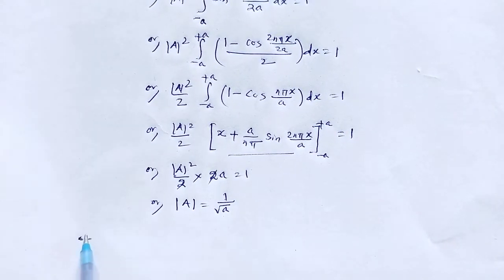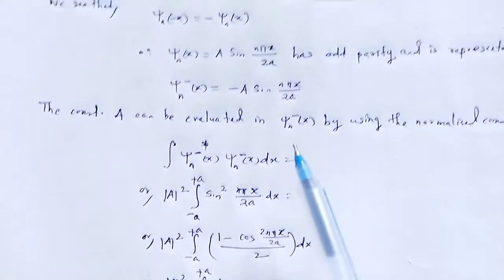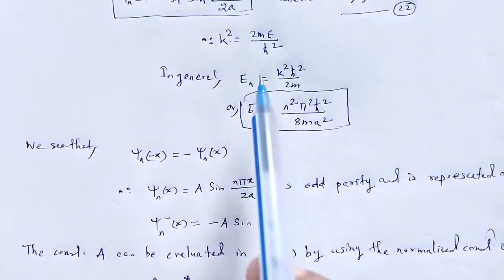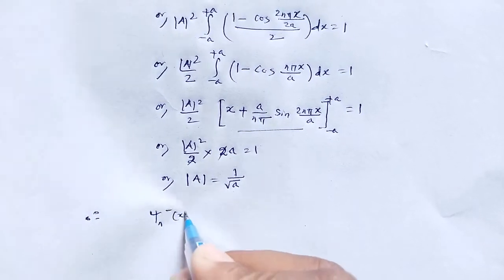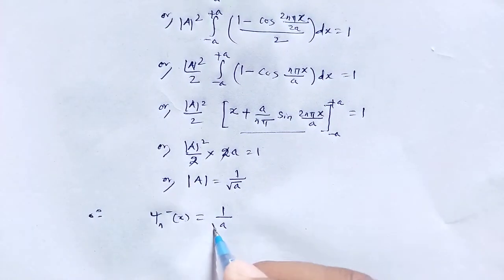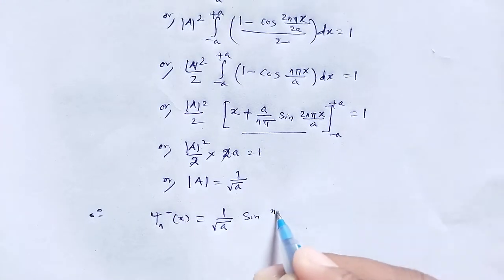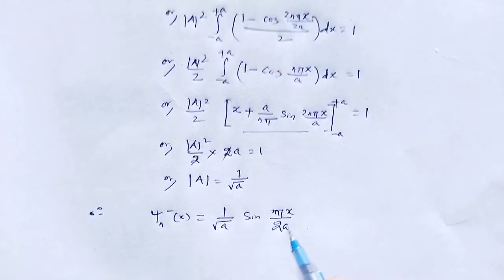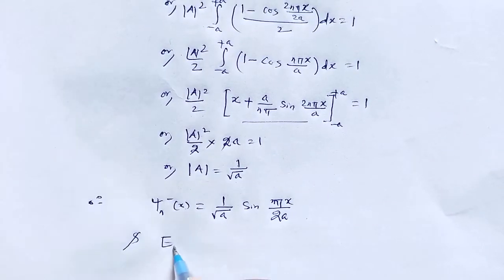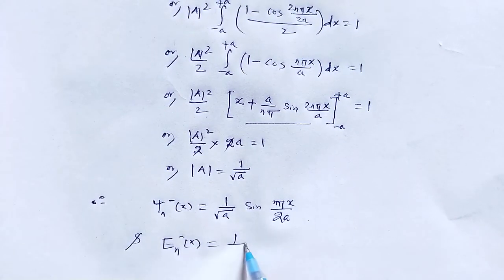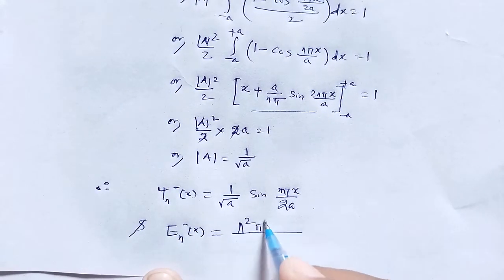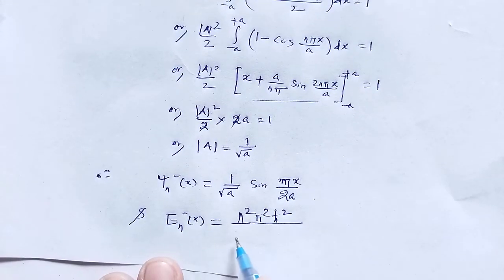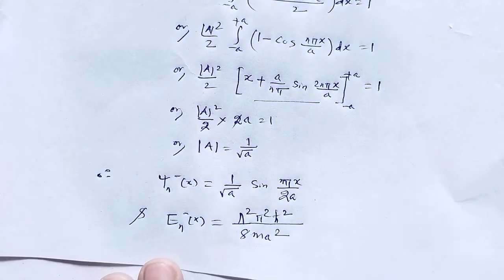Therefore the wave function and the corresponding energy terms are written in the form psi n of x is equal to 1 by root a sin n pi x by 2a, and the energy term En is n square pi square h cross square divided by 8 m a square.